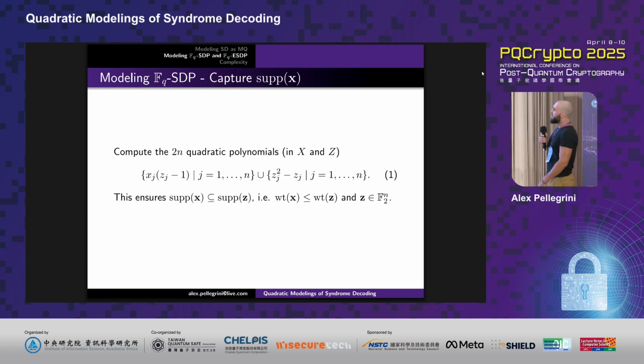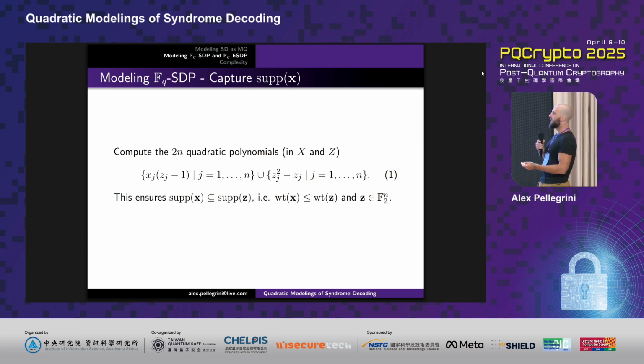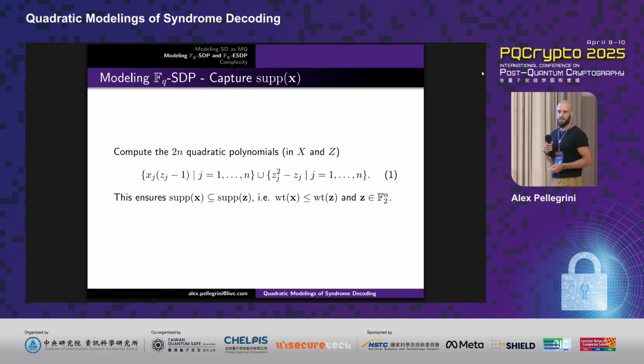And then we compute the 2n quadratic polynomials in X and Z, which are given by these two sets of equations. The second set is just saying that all the Z variables have to live over F2. And the first one is saying that Zj has to be 1 any time that Xj is 1. But it doesn't say anything about when Xj is 0, right?